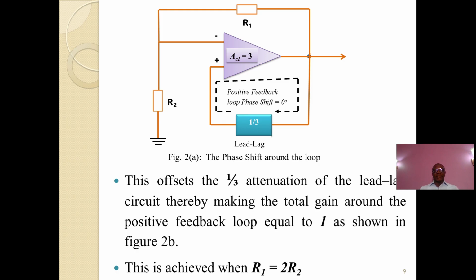So we say that this offsets the voltage gain in the loop, or the closed loop voltage gain ACL.